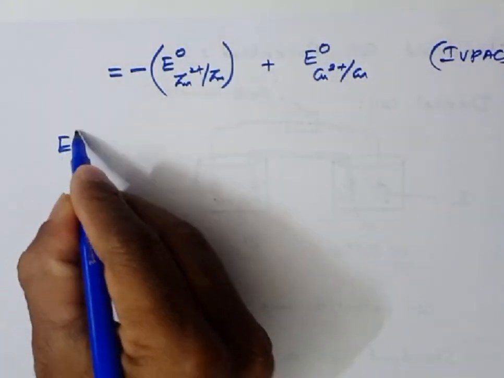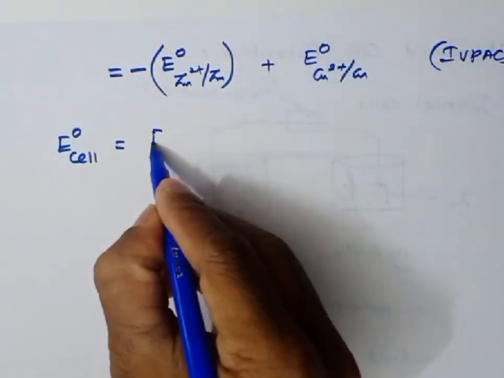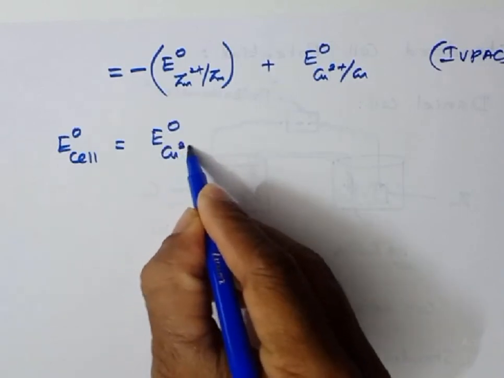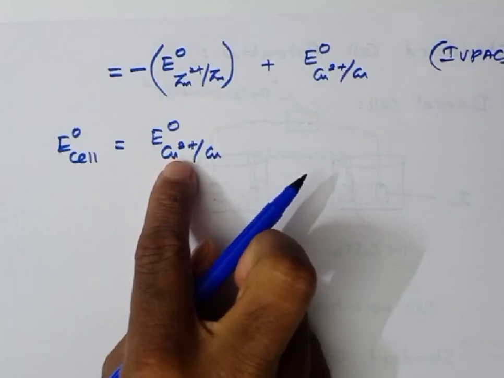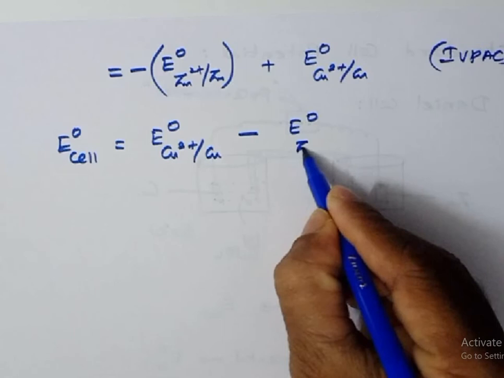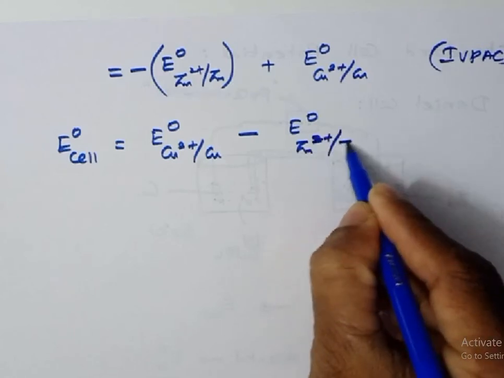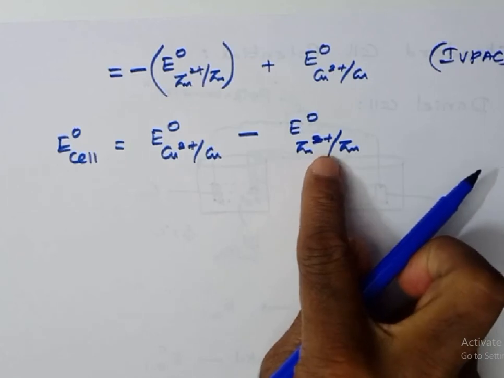Or I can also write E0 cell equal to, I'll write the positive term first, E0 Cu2 plus becoming Cu, this is the reduction potential of the copper electrode, minus E0 zinc 2 plus becoming zinc. This is the standard reduction potential of the zinc electrode, right?